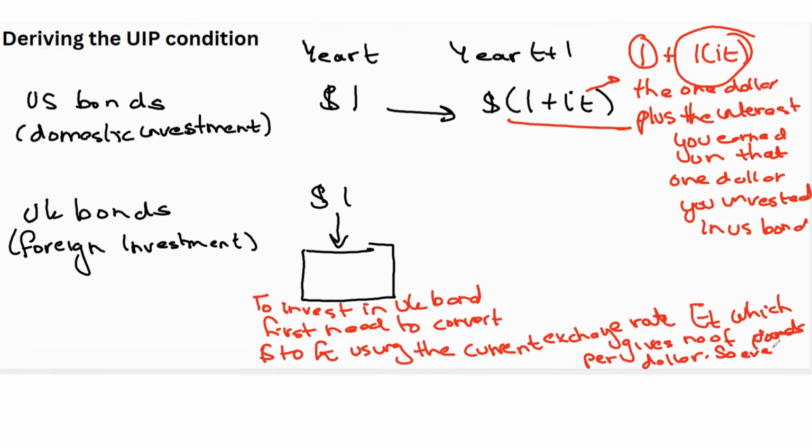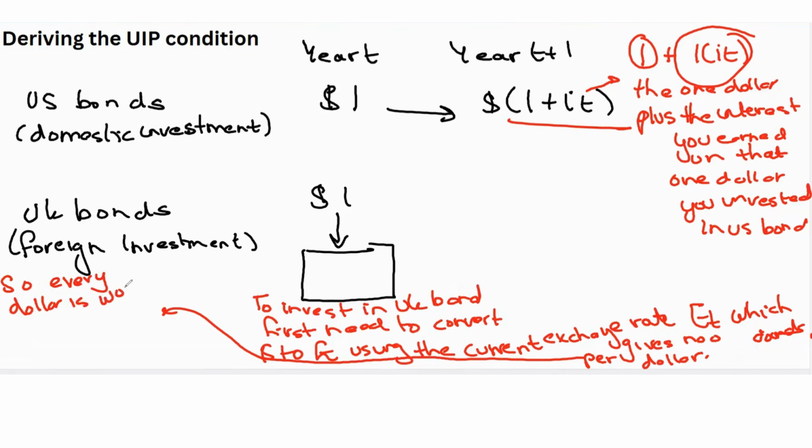So, for example, every dollar is worth 80 pounds. What we've learned is that if you want to invest in UK bonds, you need to first convert your dollars into pounds based on the current exchange rate E_t, the number of pounds per dollar. So every dollar is worth 80 pounds.